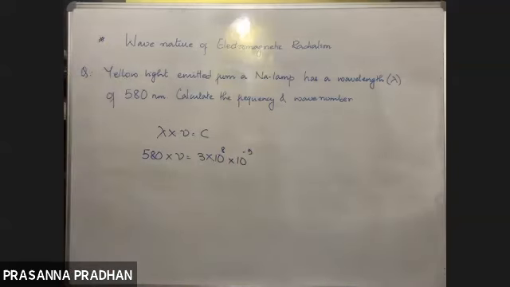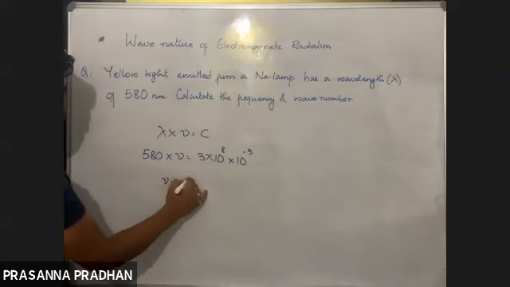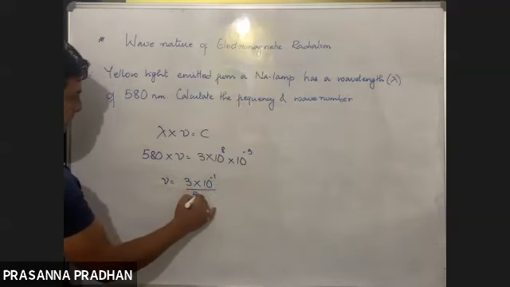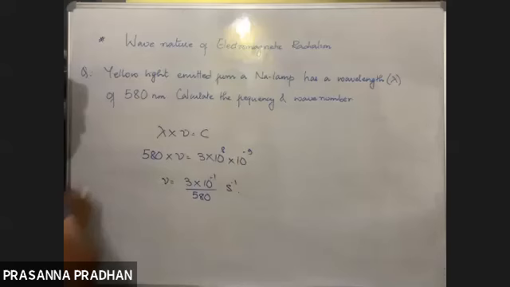So mu equals 3 into 10 to the power minus 1 divided by 580. The unit is cycles per second, or per second. It is the number of waves passing through a given point in 1 second. So how much will this come to? Calculate.